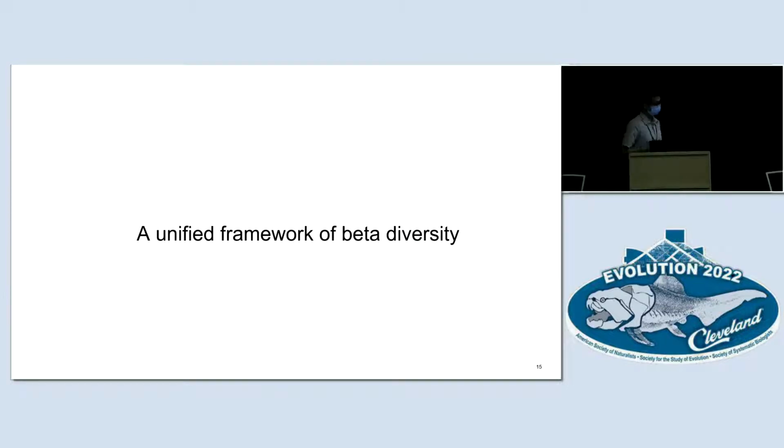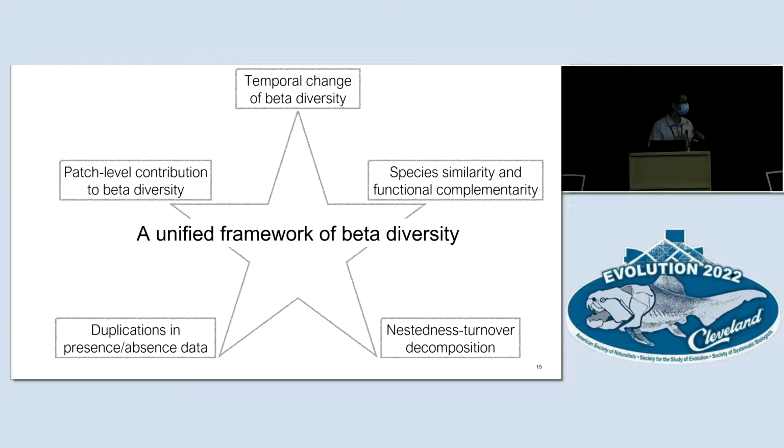So far, I have introduced the most basic formalism of biodiversity. But given the fundamental importance of biodiversity in spatial statistics, ecologists have come up with many different extensions of the basic measures of biodiversity. Here I just list 5 of them.